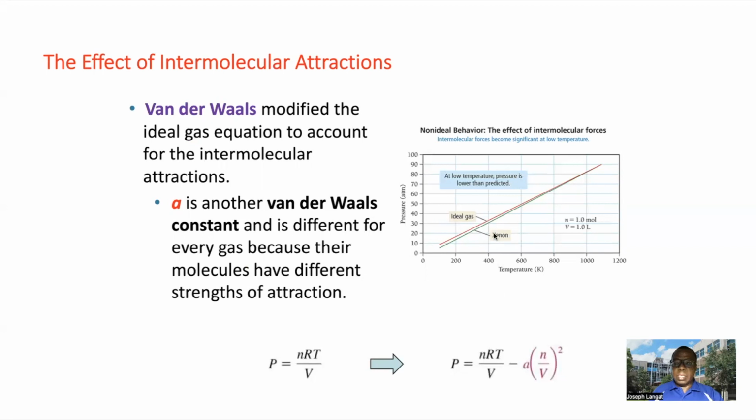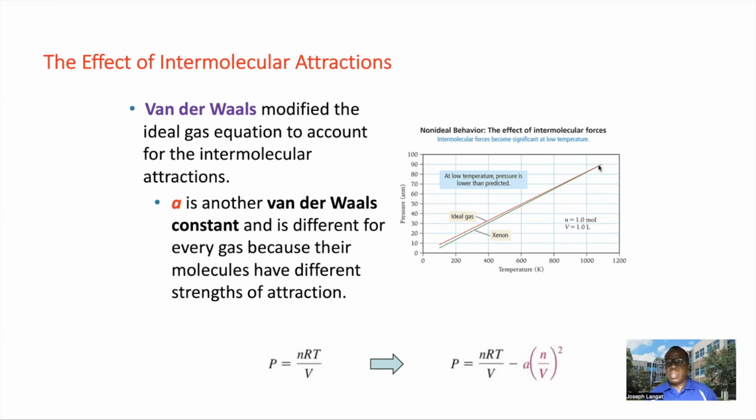Now, let's look at xenon, for example, which is a real gas, compared to the ideal gas equation. For 1 mole at a volume of 1 liter, if you look at the temperature, at low temperature the real gas deviates from ideal, but at higher temperature, the real gas behaves like an ideal gas.